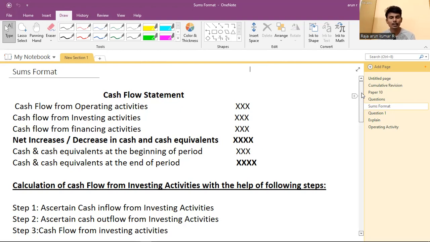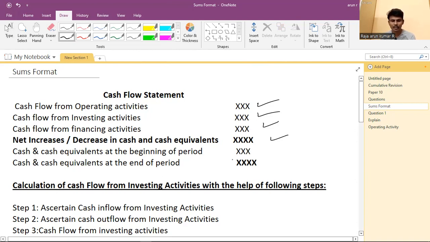Let me go to the concept. The cash flow statement is under three activities: first, cash flow from operating activity, cash flow from investing activity, and cash flow from financing activity. We add all these and get the net increase or decrease in cash and cash equivalents.